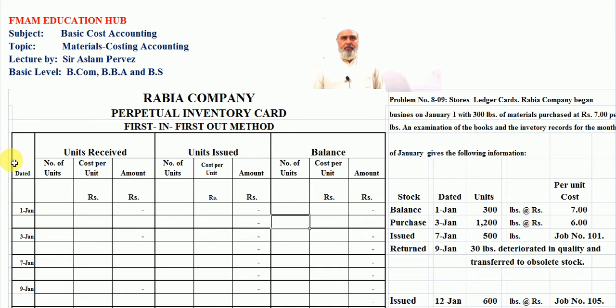Except the date column, the other three columns have sub columns: number of units, cost per unit, and amount. Student, this is the formation of stored ledger card.